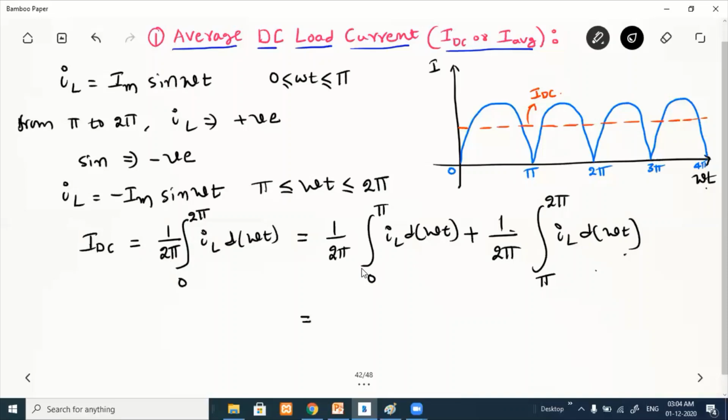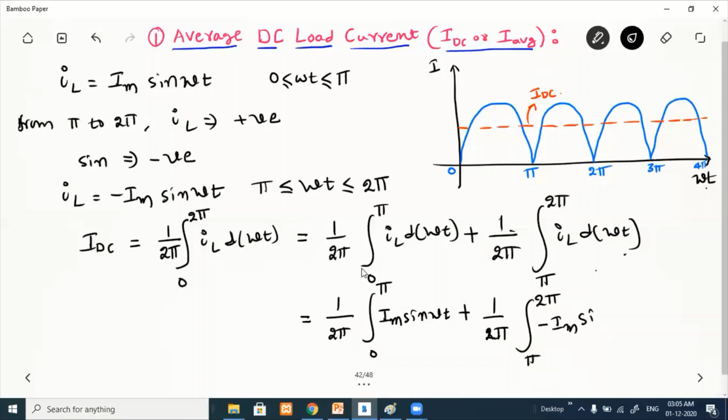Then this equation becomes 1 by 2 pi integral 0 to pi, so IL from 0 to pi is equal to Im sin omega t, plus 1 by 2 pi integral pi to 2 pi. Now from pi to 2 pi our IL becomes minus Im sin omega t d omega t.